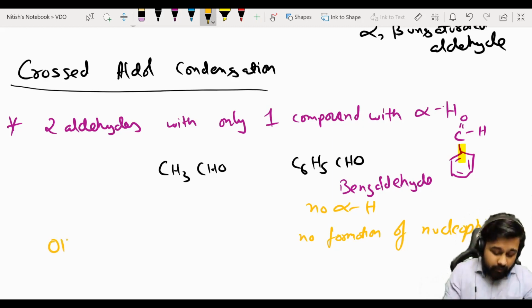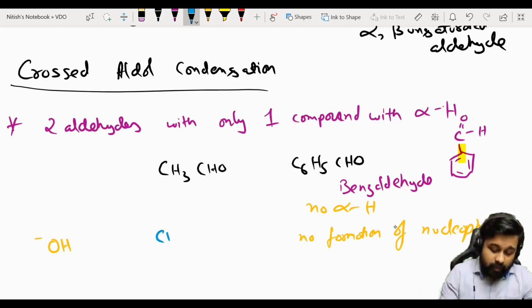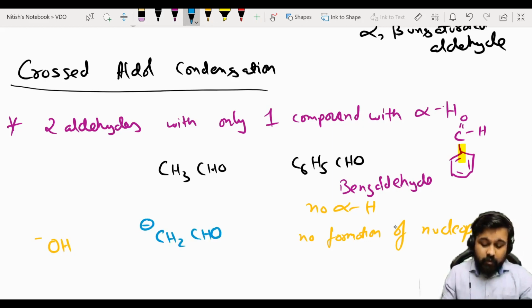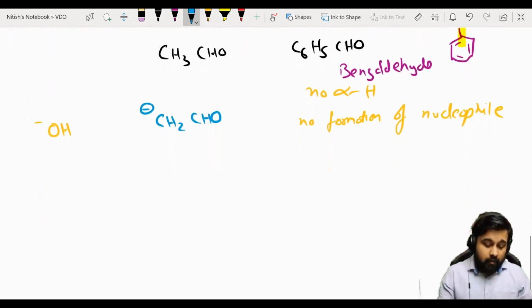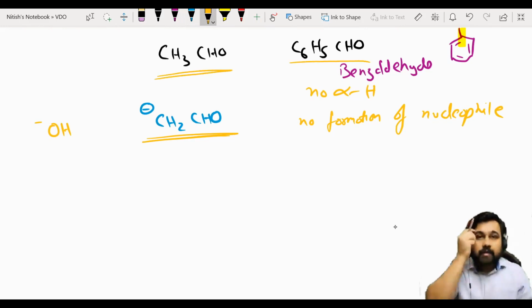Whereas if a base comes close to CH3CHO, it will form CH2 negative CHO. Now we have one nucleophile and two aldehydes. So that nucleophile can attack both acetaldehyde as well as benzaldehyde.